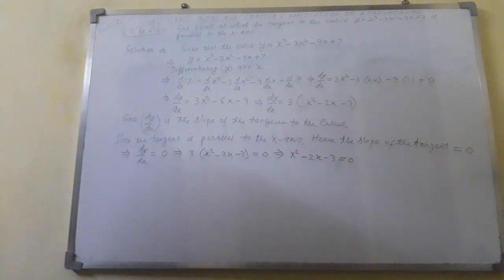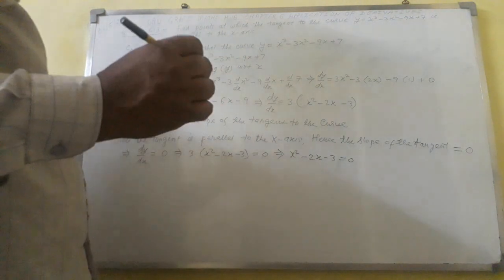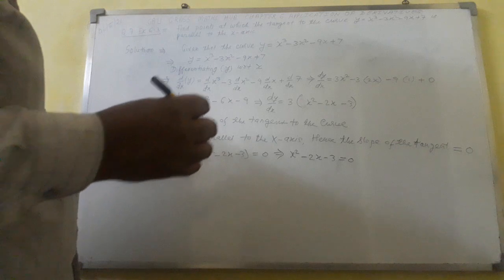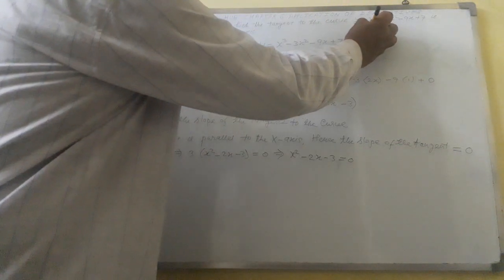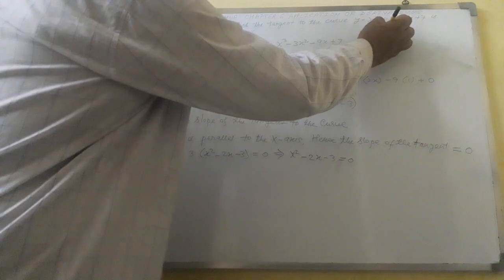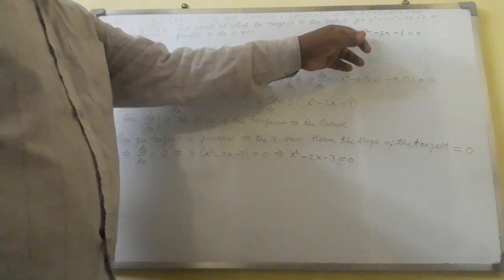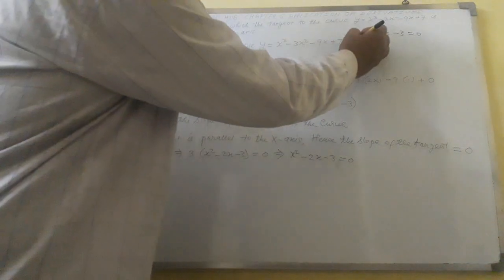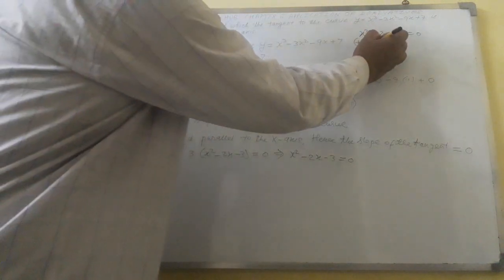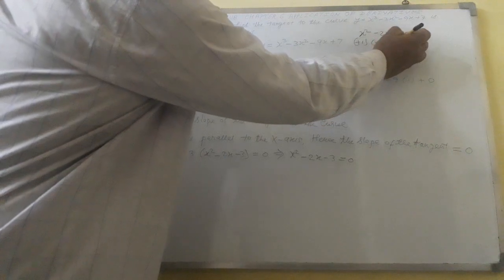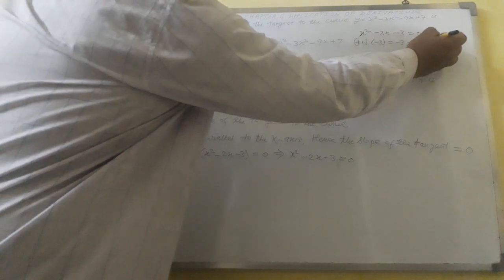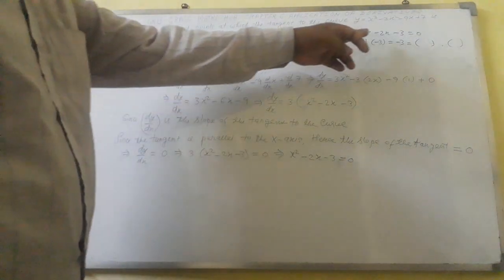Let us see how this quadratic equation is going to be solved. Write x square minus 2x minus 3 equal to 0. The coefficient of x square is plus 1, so write plus 1. The constant is minus 3, so write minus 3. Make two boxes like this, with a multiplication sign in between, and the coefficient of x is minus 2, so write minus 2.